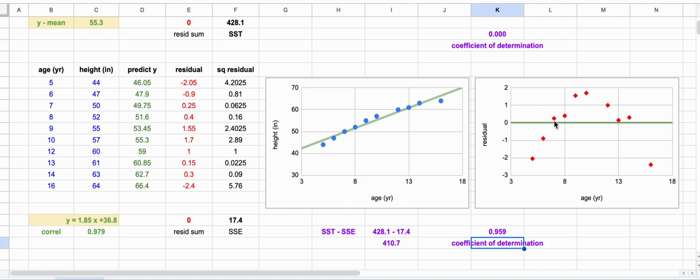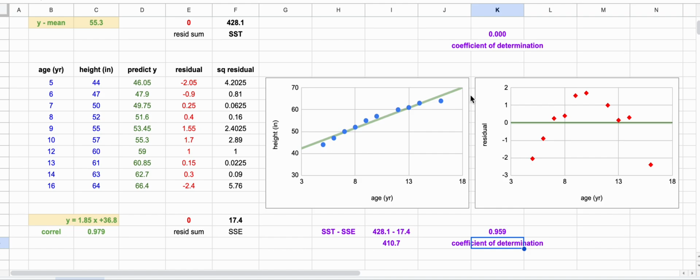Then from about ages 7 up through, I'm guessing, about 14, our model is actually under-predicting the heights. And when we get to the 16-year-old, once again we're over-predicting. We call this curvature, where we've got some points below, then a whole group of points above, and then another one below.